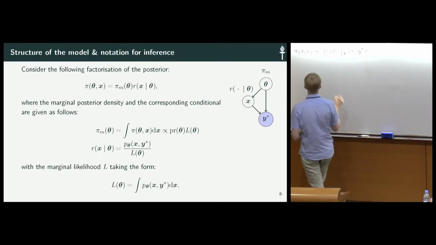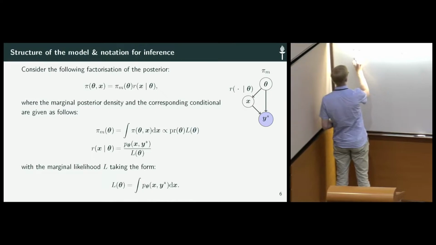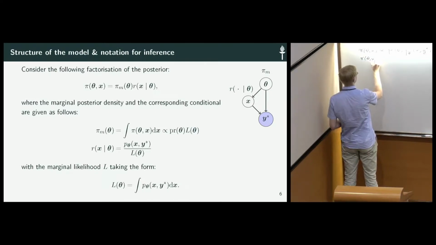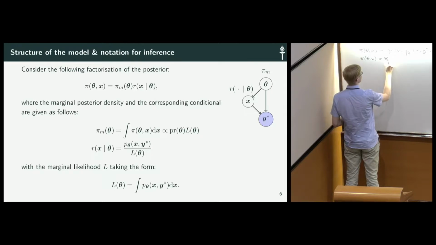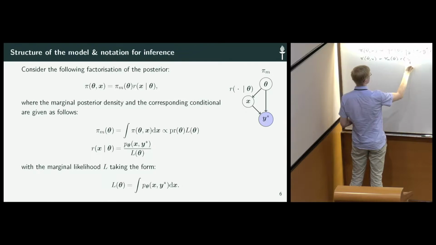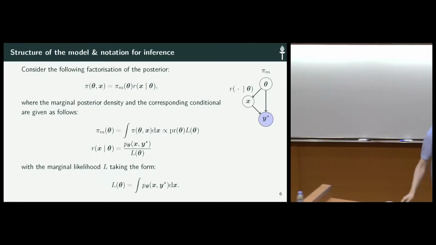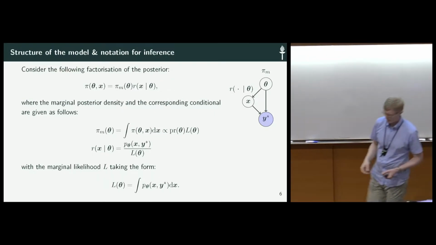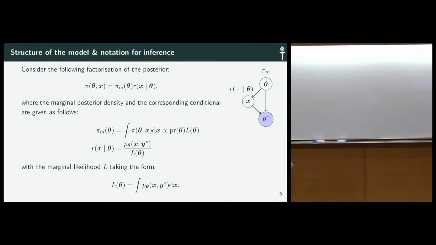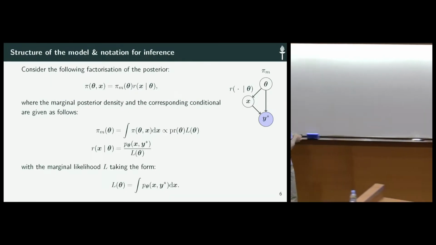So I'm going to write this distribution as a marginal of theta, and then I call the conditional of x given theta r. What's important is that I want to have a factorization of the model.